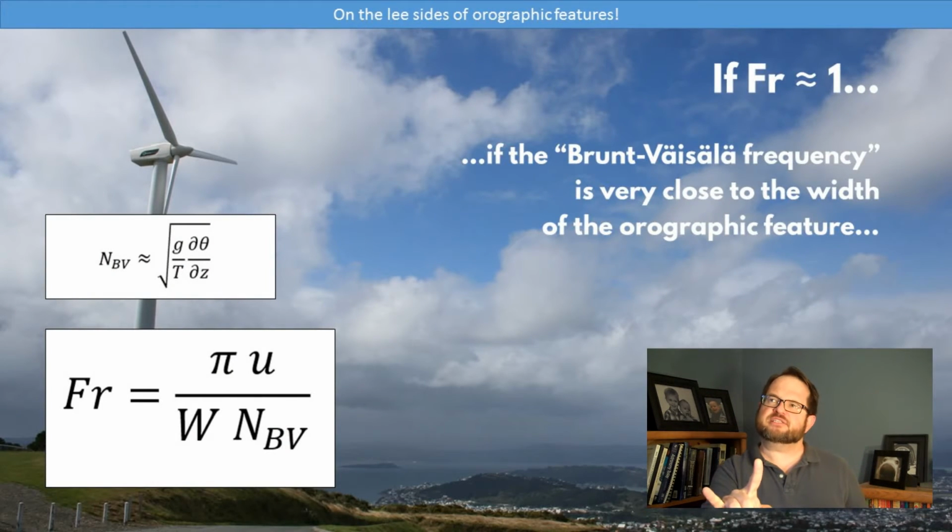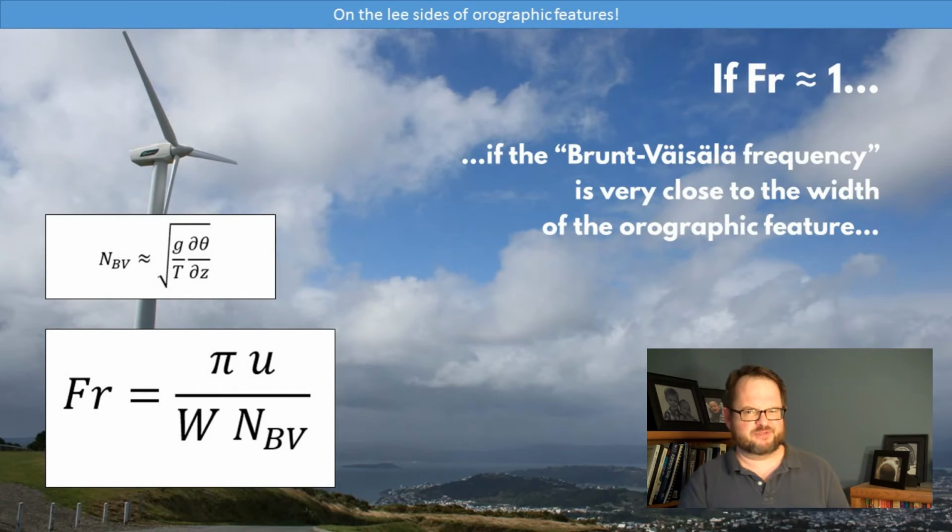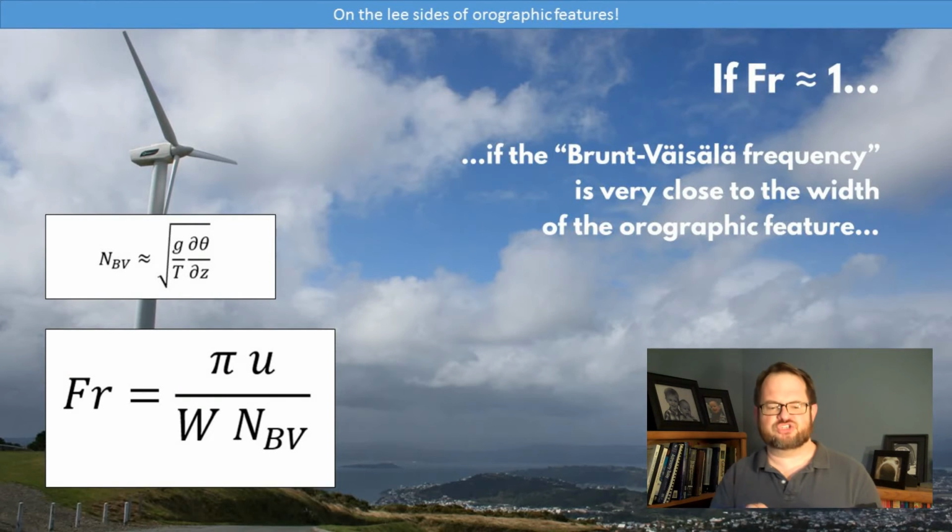Now, just for completeness, we have talked about a situation where the Froude number was very big, way bigger than 1. That's when we got that kind of flow that separated and made cavities and so on. Or we talked about situations where the Froude number was way less than 1, and we got those mountain waves, and we got flow that stayed detached, and so on. But what about if the Froude number is in that in-between range, near 1?